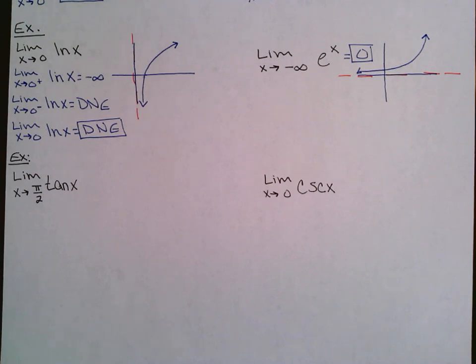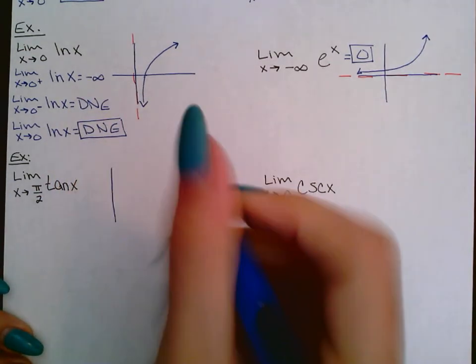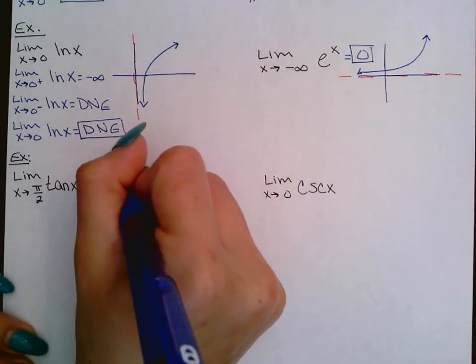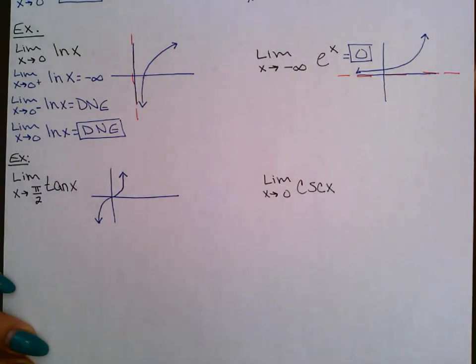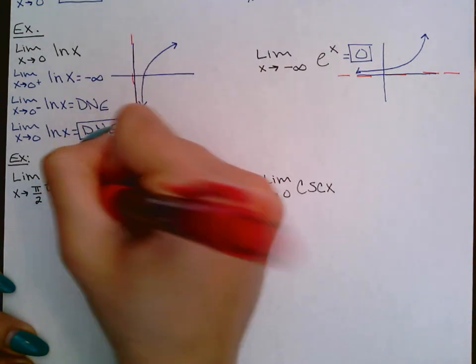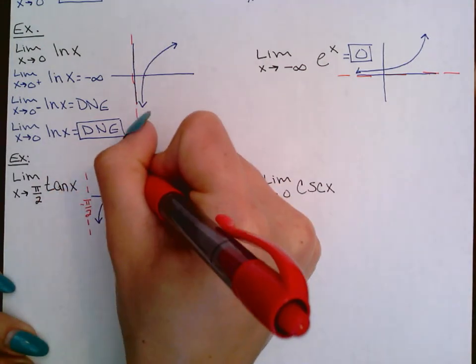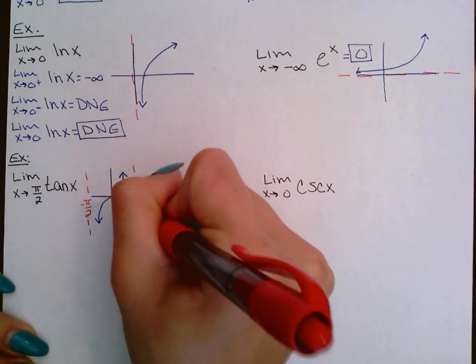All right, so our next two questions. We have the limit as x approaches pi over 2 of tangent of x. Okay? So our graph for tangent looks like the x cubed graph, but has asymptotes over here at negative pi over 2 and over here at positive pi over 2.